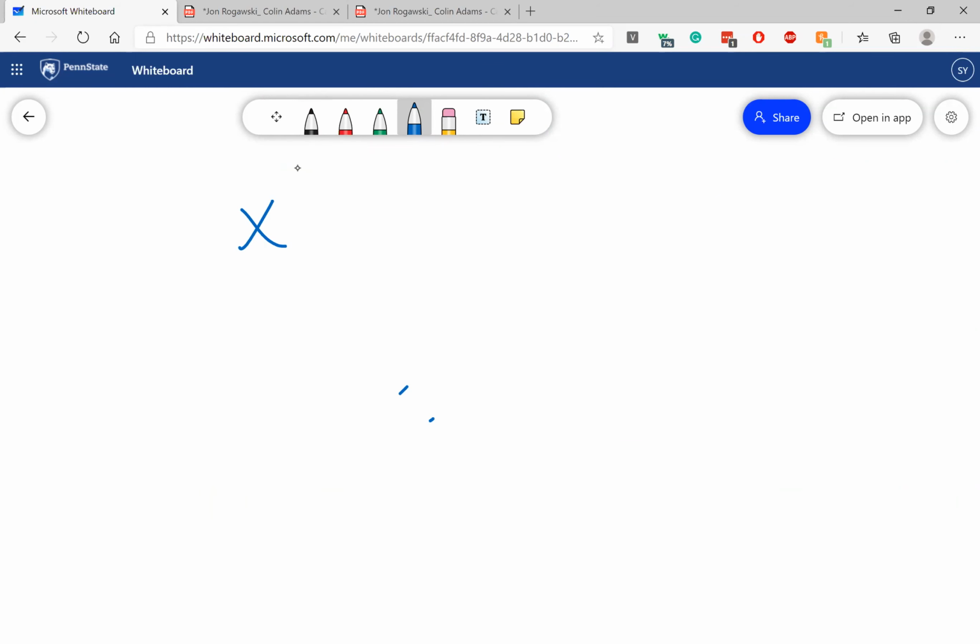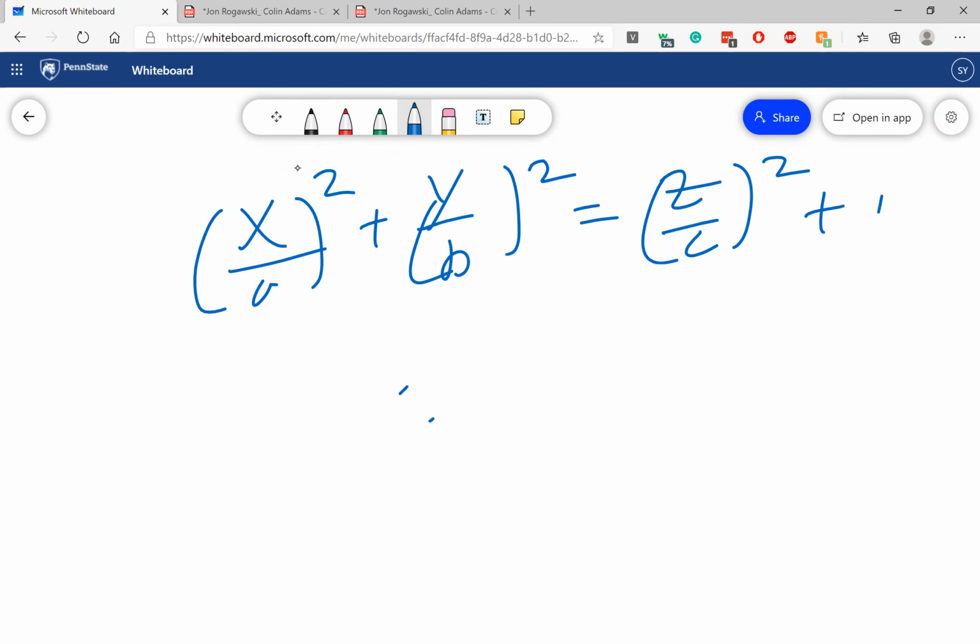That's the first equation. And this one over here, this is what makes it connected to a hyperbola.